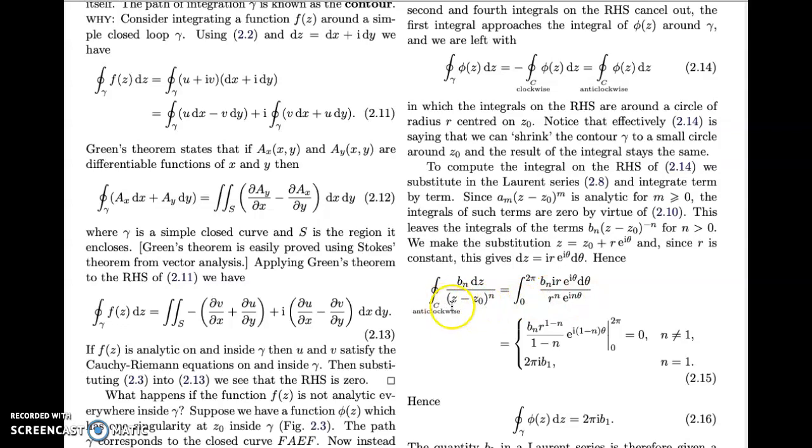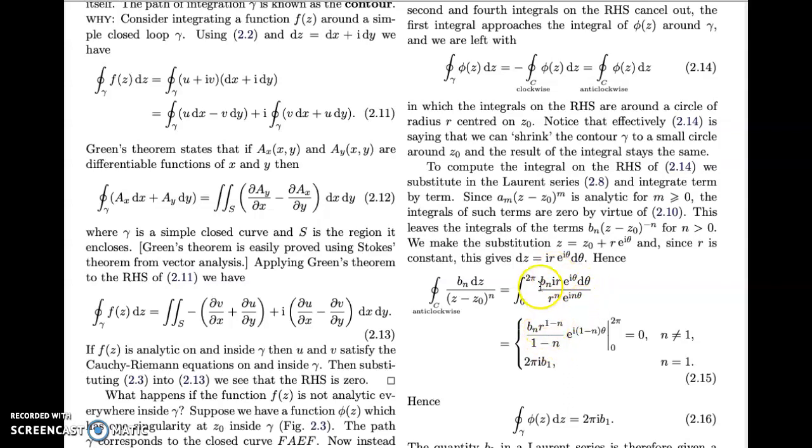Notice we've substituted. So z minus z naught, remember, is r times e to the i theta, raising to the power n. That just gives us e to the i n theta and r to the n on the bottom. So what do we get? Well, the r's are just constants with respect to theta.